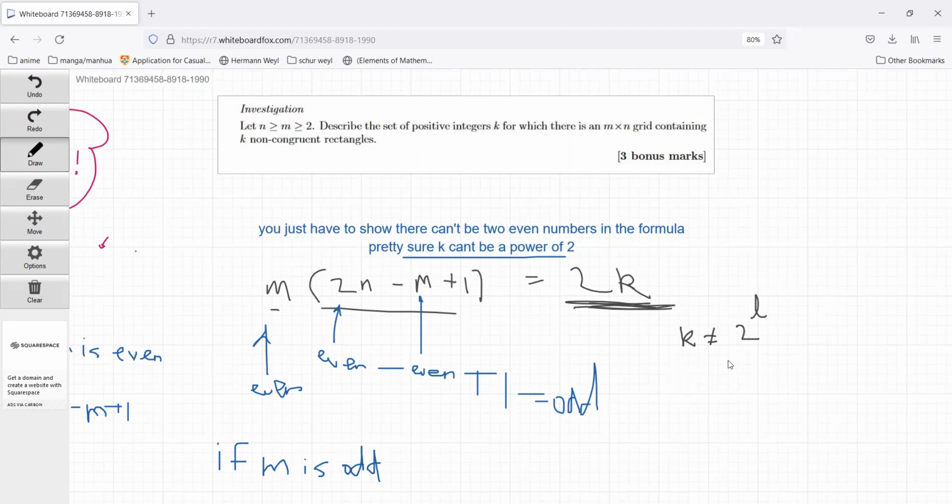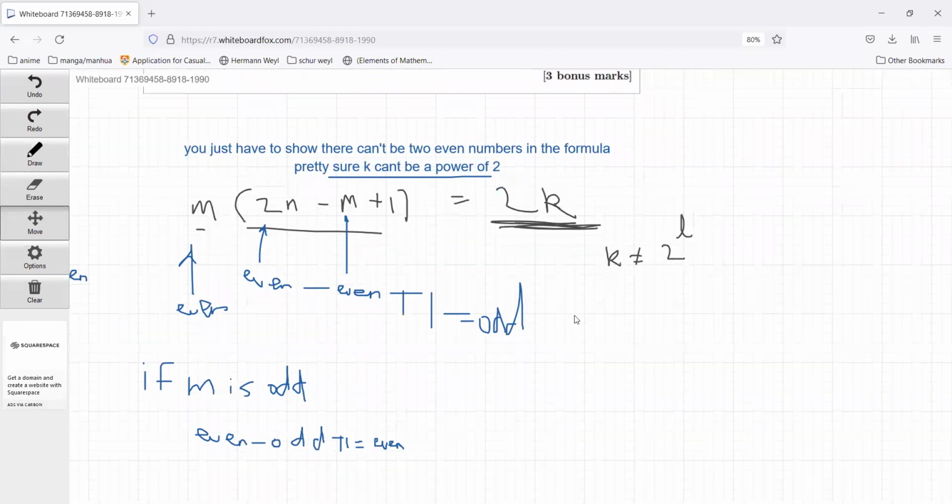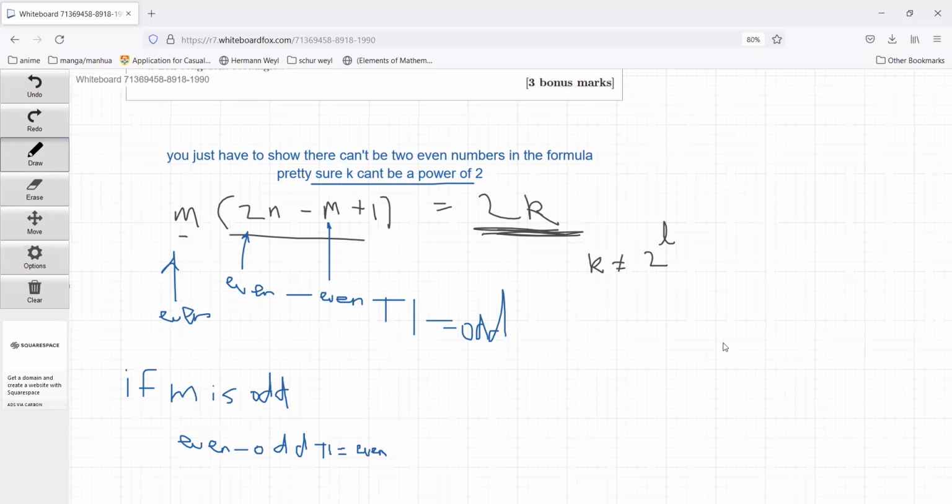So let's say we have arbitrary k, and we can write k as a product of its primes, right? So we have p1 through to pl, let's say.